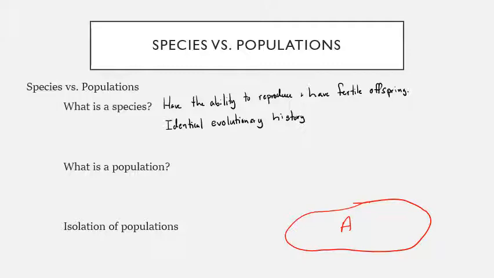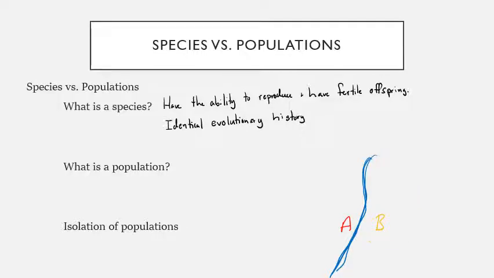And over time, a river came by, the Colorado River, which is responsible for creating what we call the Grand Canyon, this extraordinarily deep chasm that served as a reproductive barrier because animals on the A side and animals on the B side no longer had exposure to one another because the Colorado River stood in their way. So essentially, these became two different populations. We have one on this side of the canyon, another population on the opposite side of the canyon.